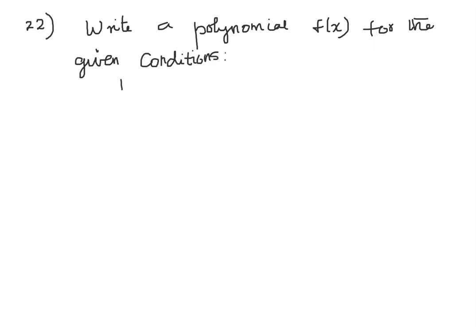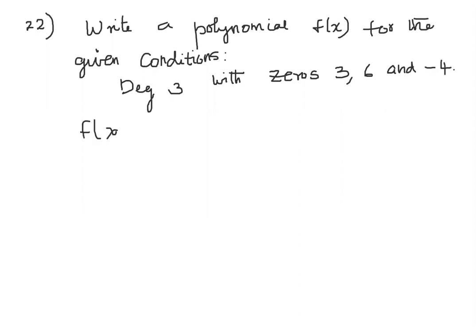Which is degree 3 with zeros 3, 6, and -4. So we are going to write a polynomial. Zero 3 means x minus 3 is a factor. Zero 6 means x minus 6 is a factor. And you have to switch the sign.